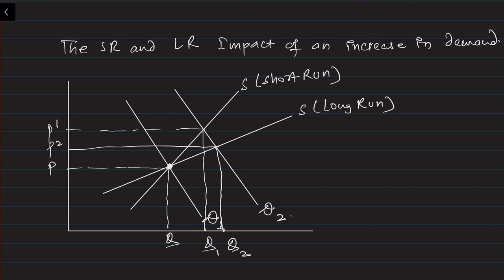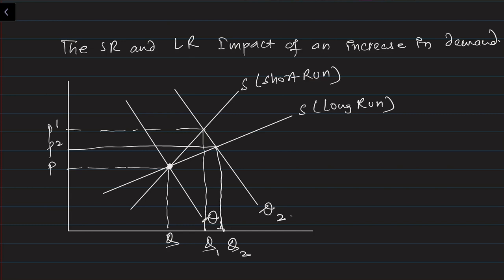Now what if the demand curve were more elastic? Okay, so if the demand curve were more elastic, there will be a lower impact on the price, right? Because it will be flatter, and whenever the curve is flatter, there will be less increase in the price but more increase in the quantity.